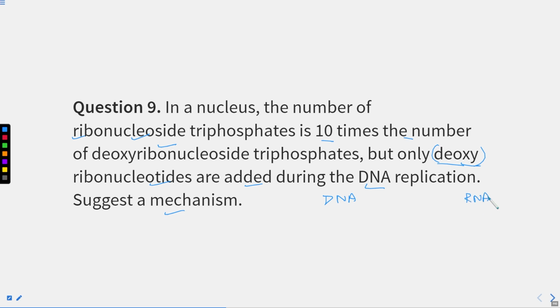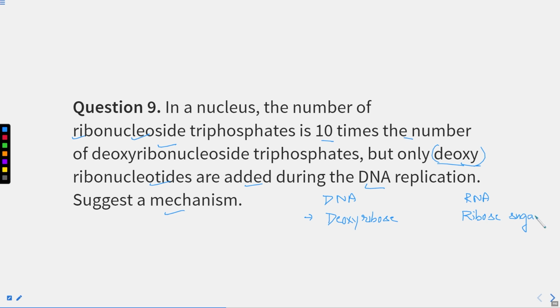Both of them are made up of sugar molecule, phosphate group, and nitrogenous bases. Let's talk about the pentose sugar here. In DNA, you have the deoxyribose, whereas in RNA, you have the ribose sugar.